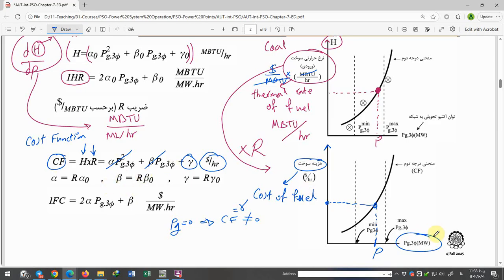So the cost function would not be 0 because the personnel cost remains, and your investment cost remains.